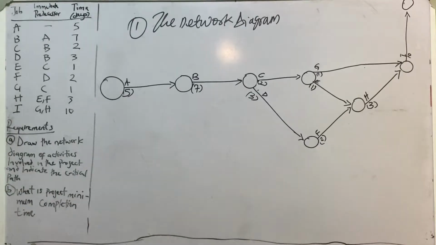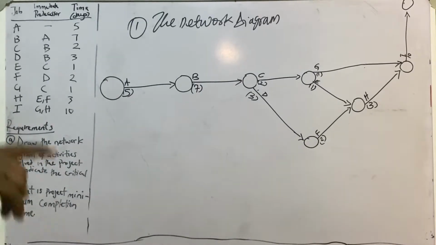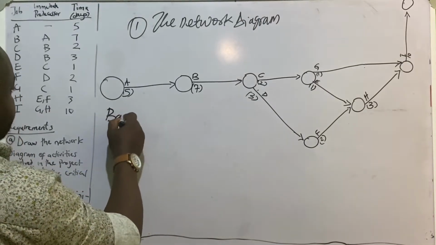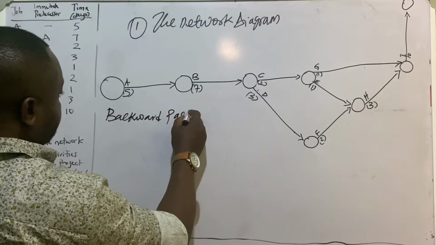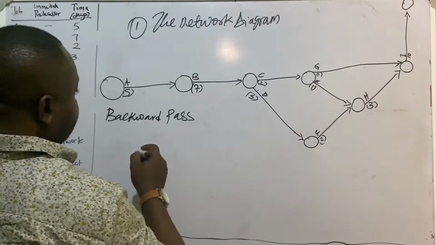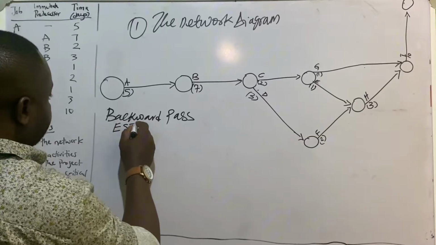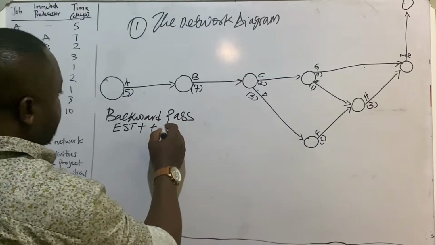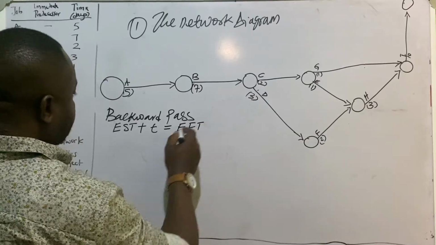So the earliest time the activity can start plus the time that it will take for completion of that activity will give us the earliest finish time.